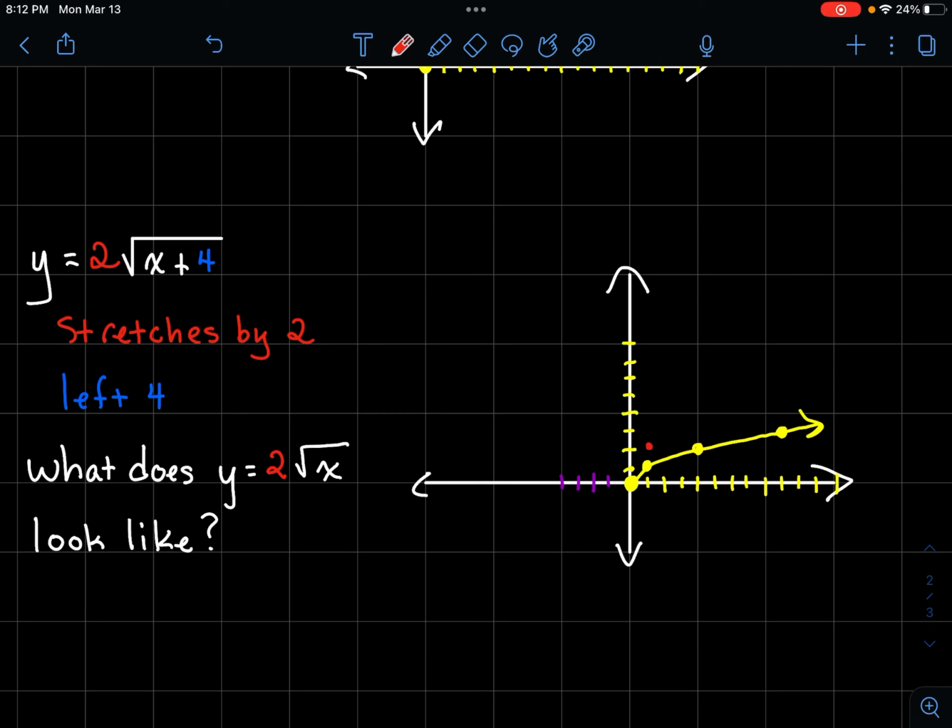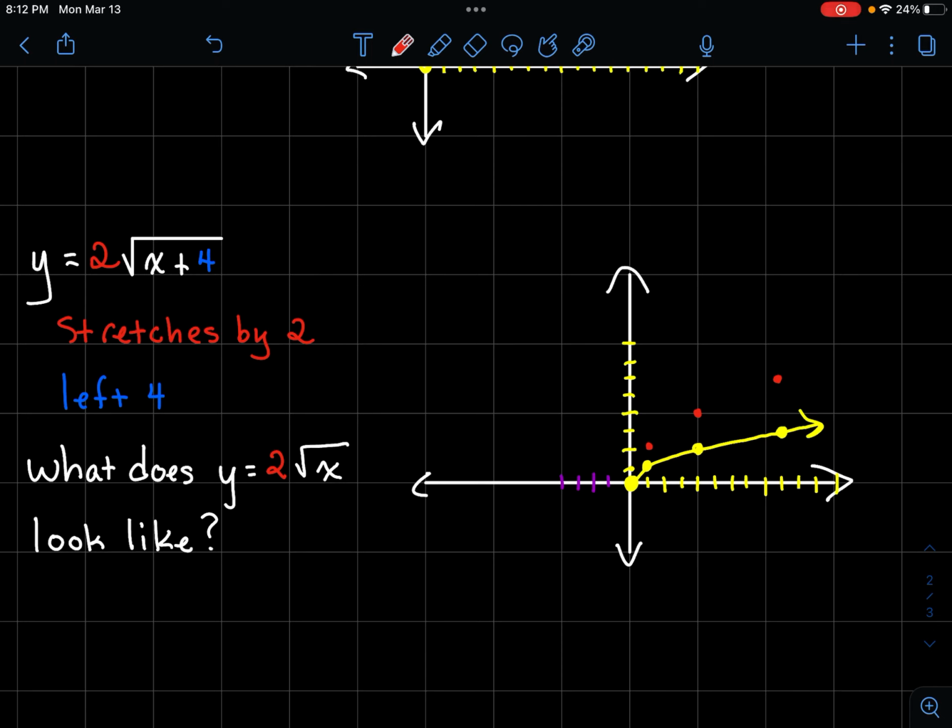The y value at the next ordered pair is 2 itself. 2 times the 2 that's already out front now bumps it up to a 4. And then the last dot we had at 3. 2 times 3 is 6, so that would jump our dot up to 6, which is about right here.